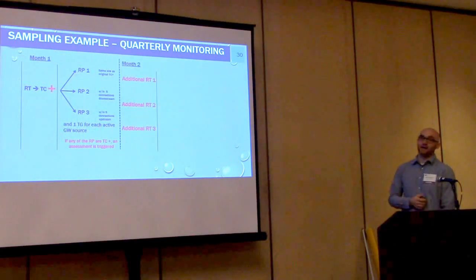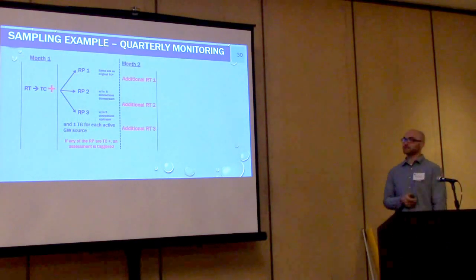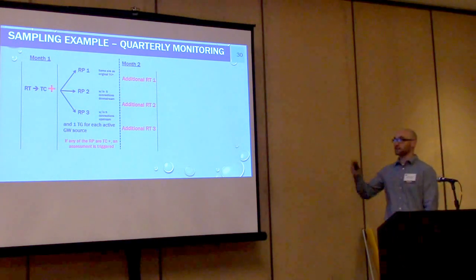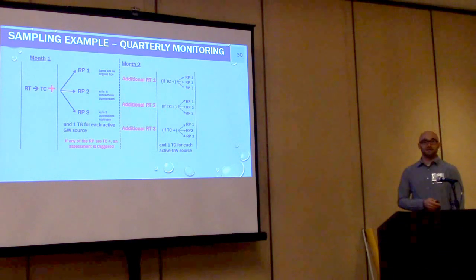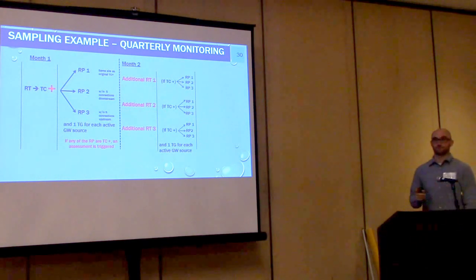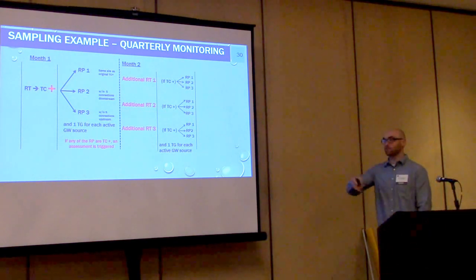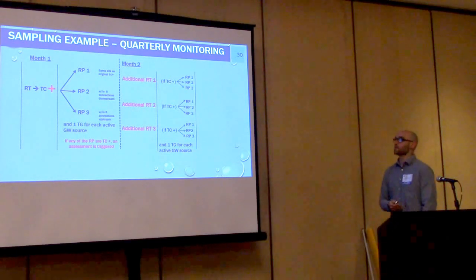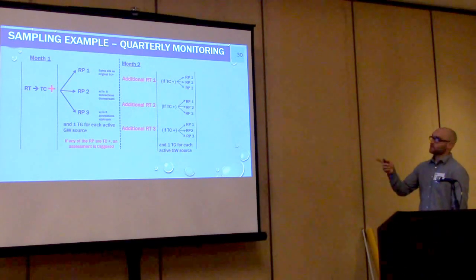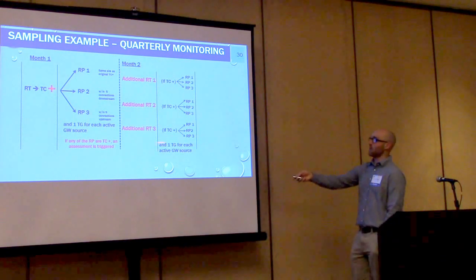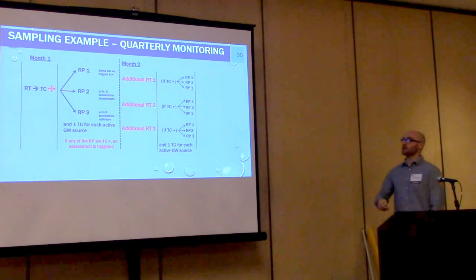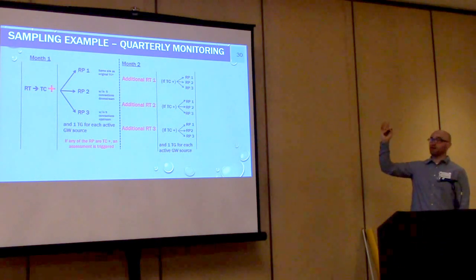Then, because you had a single positive routine sample, the next month you need to take those 3 additional routine samples. If any of those are positive, you need to take 3 repeats on each of them. So it's the same logic applied to those routine samples. In month 3, if there are no samples in month 2 that are positive, if all those come back clean, month 3, you resume regular monitoring.